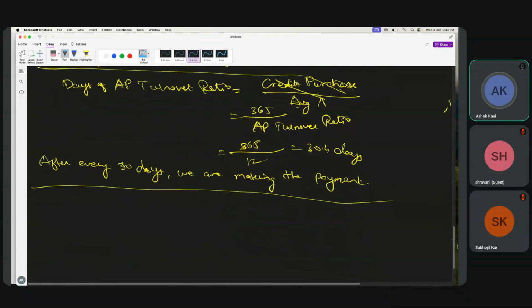But if you have control, you can over exploit. If you don't have control, then the counterparty will not supply goods to you, because you are taking too much time to repay. That risk is there. Otherwise, if you can control the situation and delay, then it is okay.